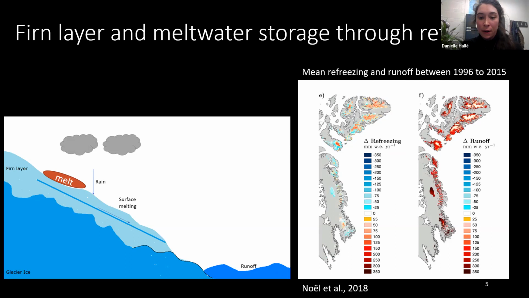Whereas in the Southern Canadian Arctic, the firn layer has been depleted or saturated and is no longer able to retain meltwater. And most of the meltwater that occurs manifests as runoff.